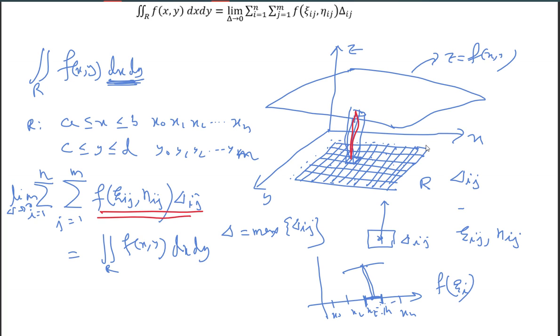So this integration represents this volume, and it is represented by the double integral over R of f of xy dx dy. Okay?